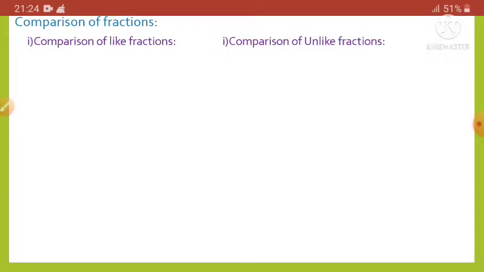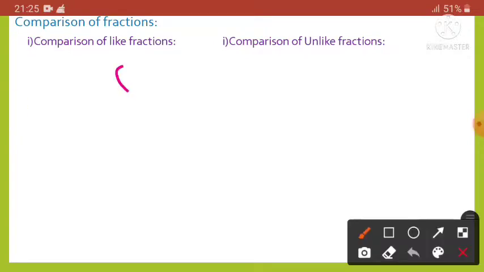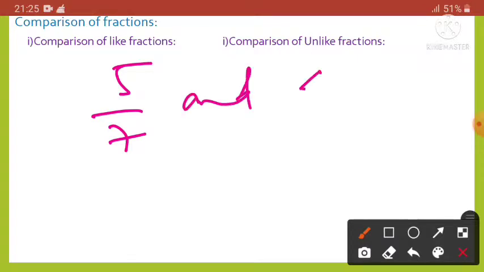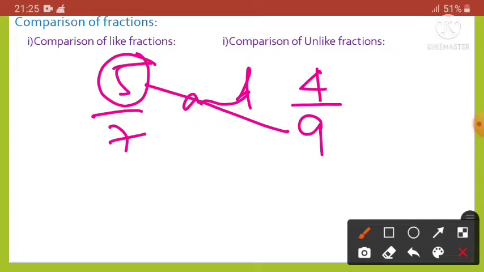Now secondly, to compare the fractions you can use the cross multiplication method. Suppose we want to compare the same fractions, 5 by 7 and 4 by 9. Just cross multiply the two fractions: multiply the numerator of the first fraction with the denominator of the second fraction. So what will be? It will be 45.